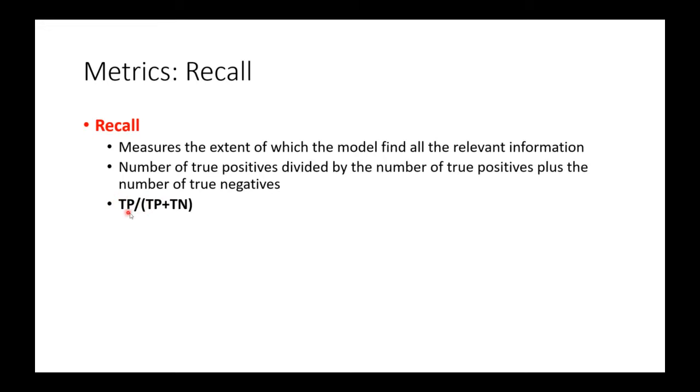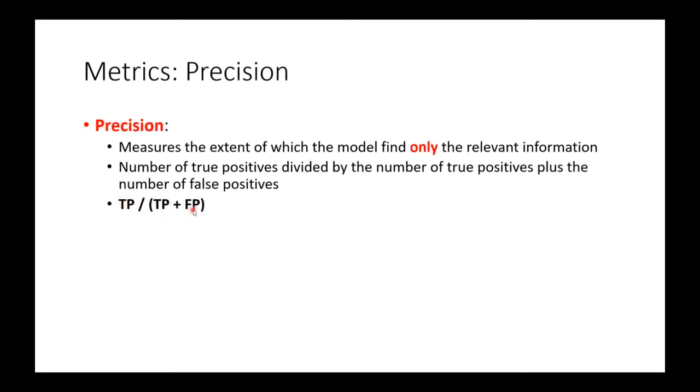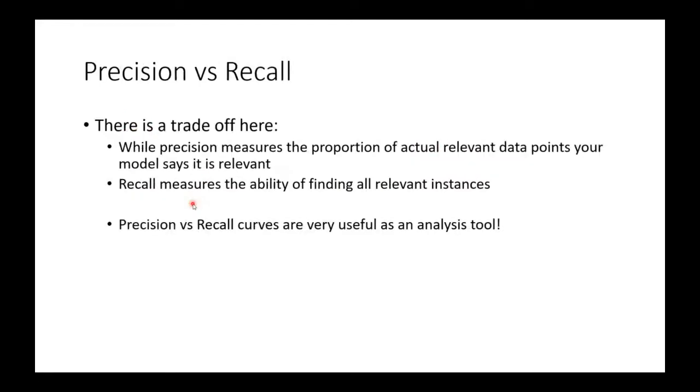Precision is the proportion of true answers among the points where the model replied positive. So you see that there is a trade-off here. Again, while precision measures the proportion of data points your model says are relevant that actually are relevant, recall measures the ability to find all relevant instances.